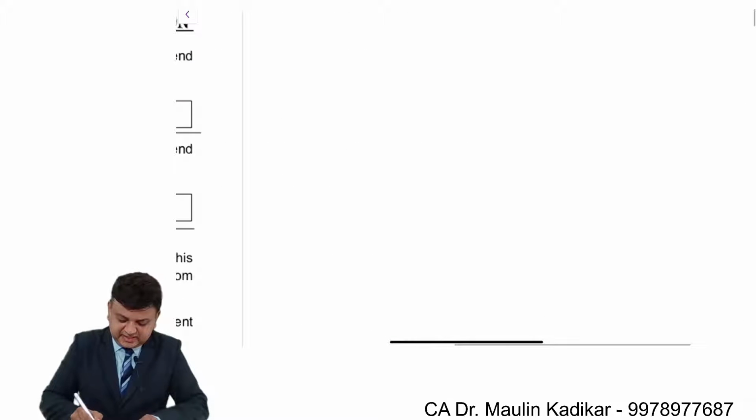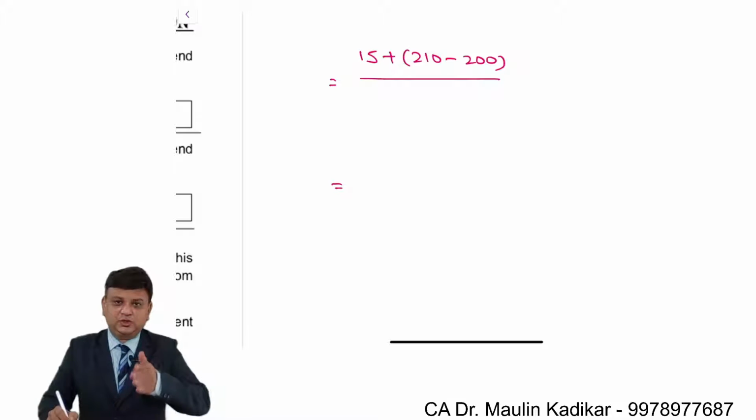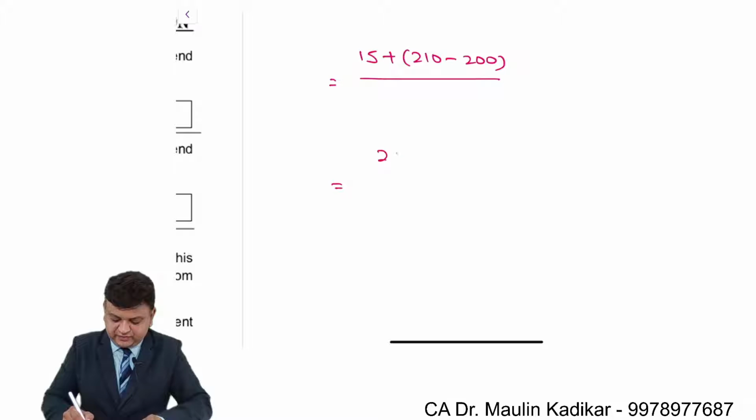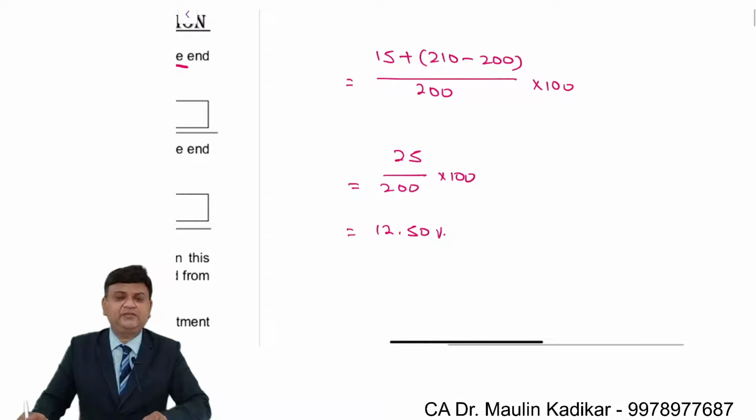So over here the 15 rupees is dividend income plus 210 minus 200, so 10 rupees is the change in the price of the security. So 15 plus 10 comes to 25, divided by 200 into 100 for getting answer in percentage term, and that comes to 12.5 percentage. This is the way the return is supposed to be calculated.